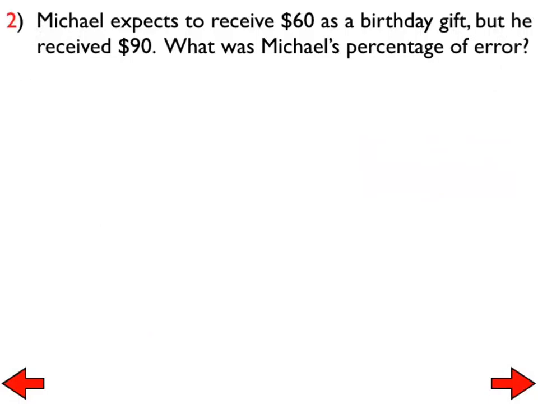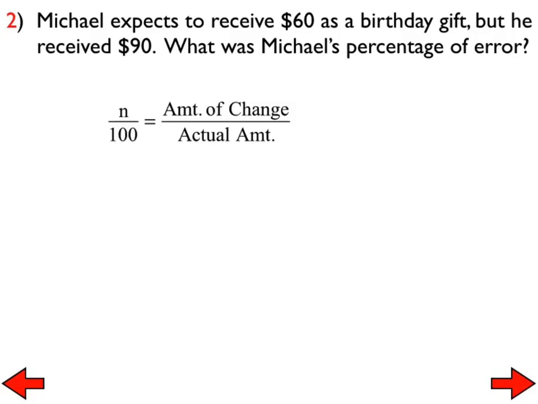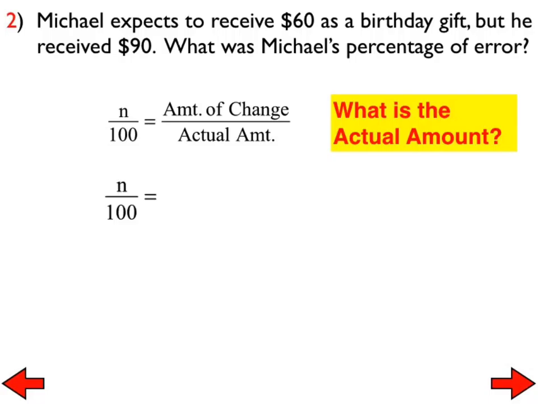Michael expects to receive $60 as a birthday gift, but he received $90. What was Michael's percentage of error? Can I have Nylea set up the proportion for us, please? I put x over 100 equals 30 over 90. 30 over 90? Good. That is correct. 30 because the difference between 90 and 60 is 30.